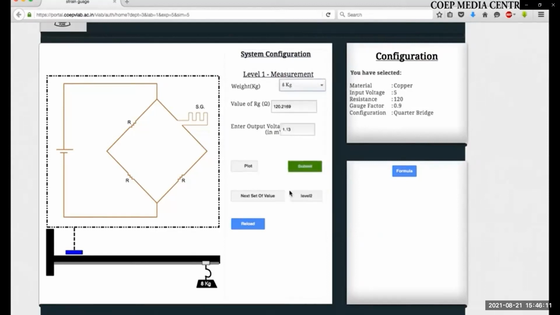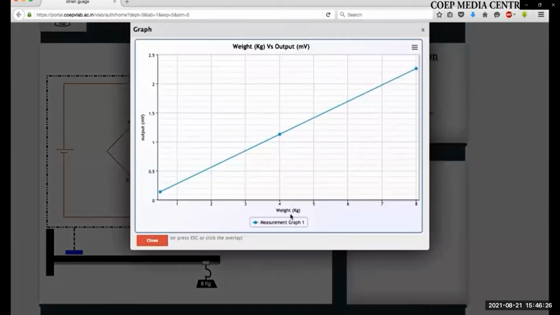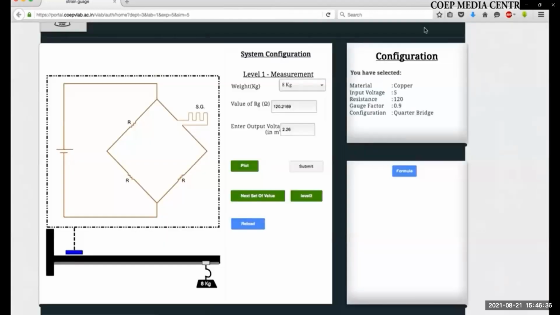Then change this to, suppose, 8 kg and submit. After 3 readings, the plot will be available. Now this is the characterization curve of weight versus output in millivolt if you have connected the strain gauge in a specific configuration as mentioned before.